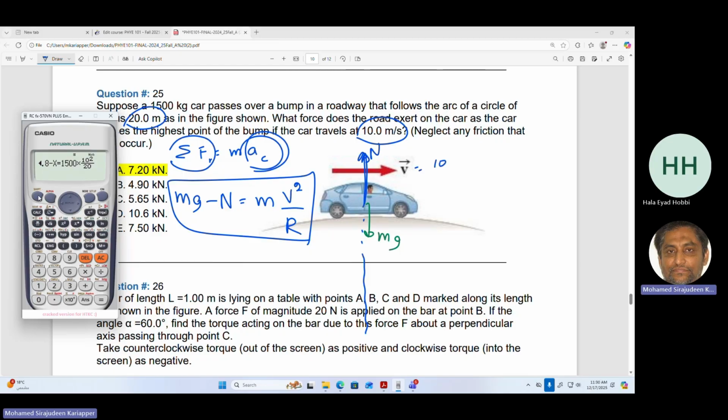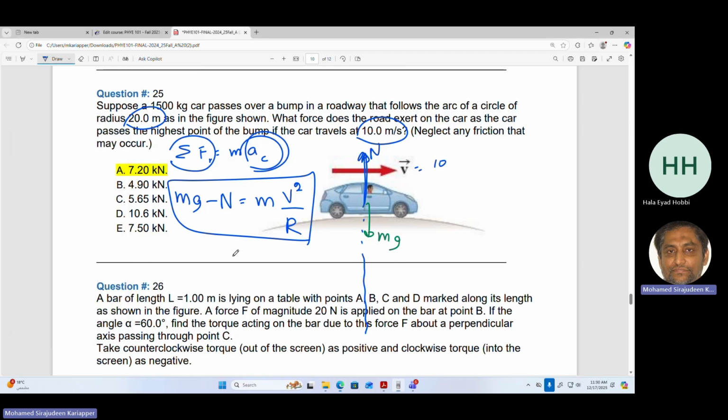You just tell the calculator to work for you, and it'll give 7,200. That's correct, right? I was staring at the formula. What did I do wrong? Right.